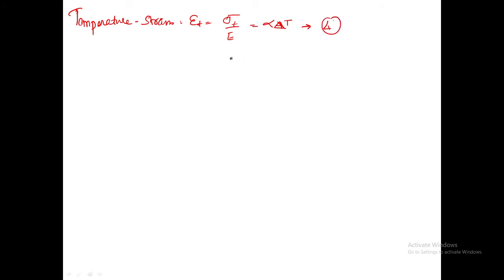You got it? Now this is the case of completely constrained. Suppose you constrain only partial expansion, partial restraint, then you will get a different case here.